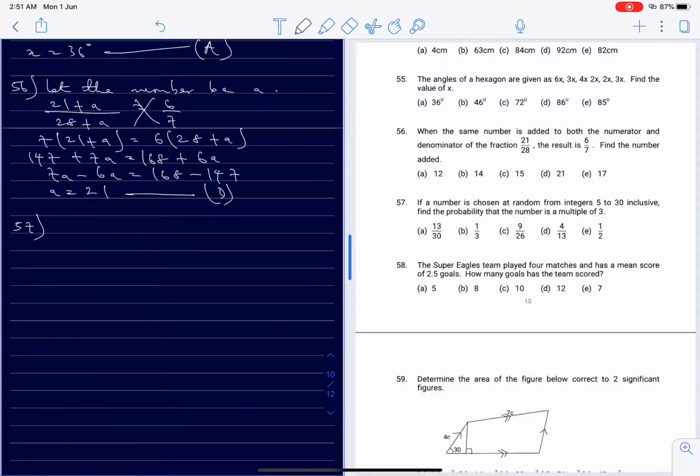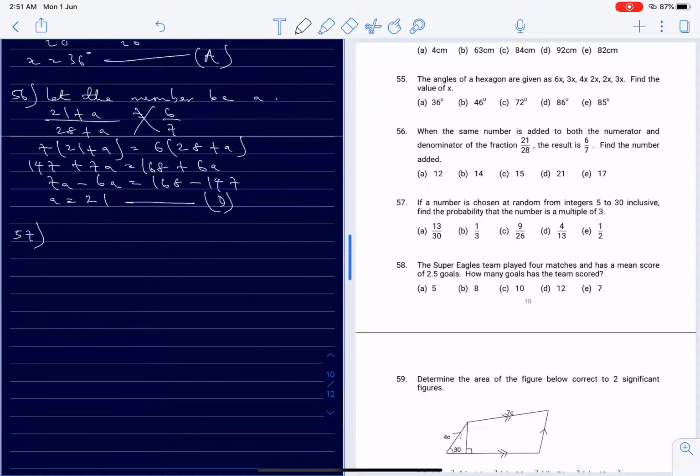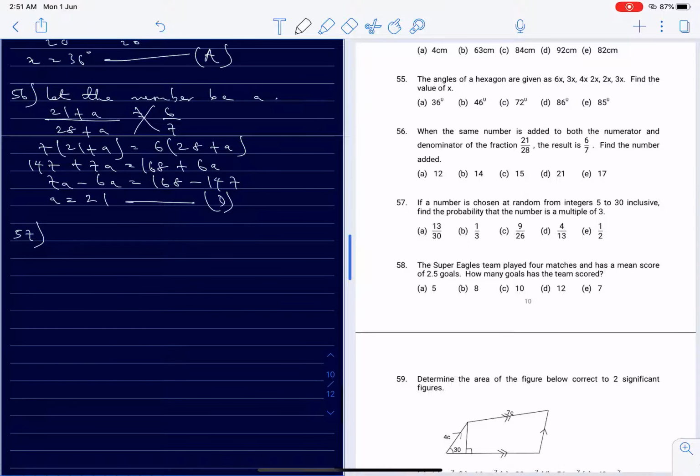So what's the probability that the number is a multiple of 3? What are the multiples of 3 between 5 and 30? The numbers are 5, 6, 7, 8, 9. I don't think we can go through. We can only go through the multiples of 3.